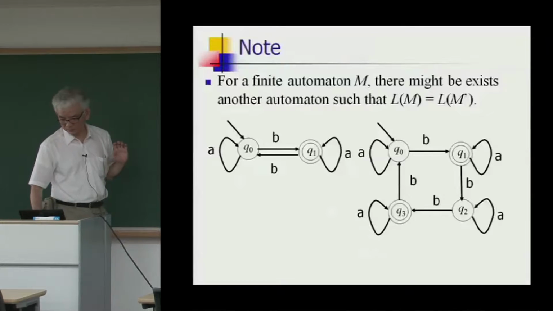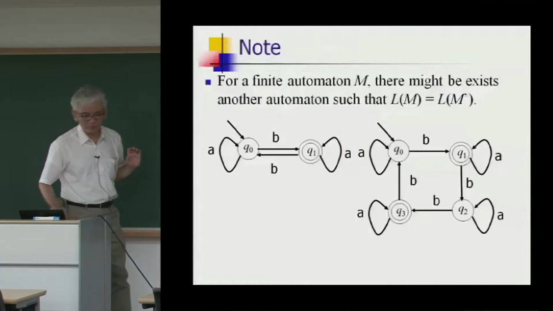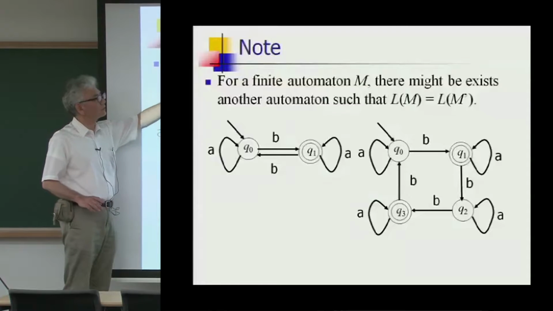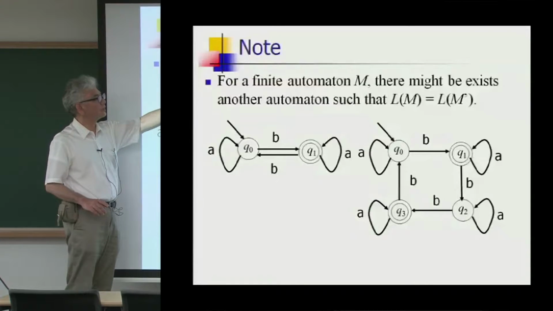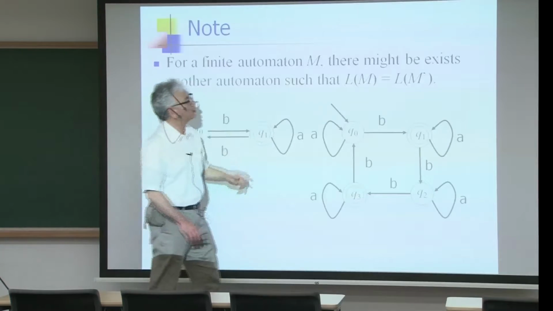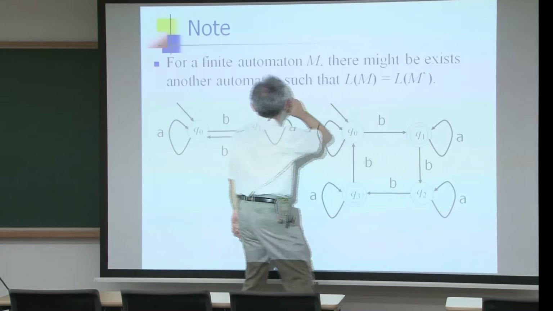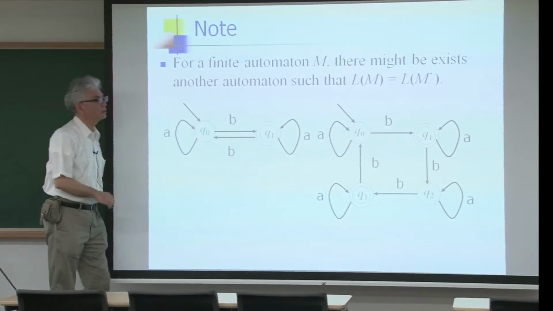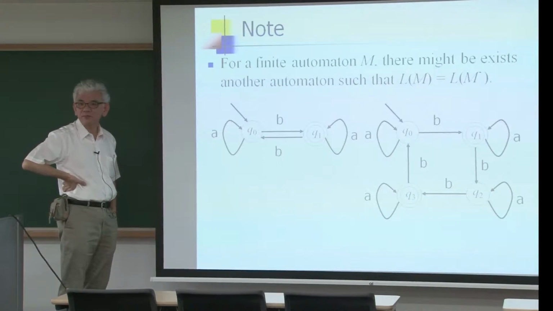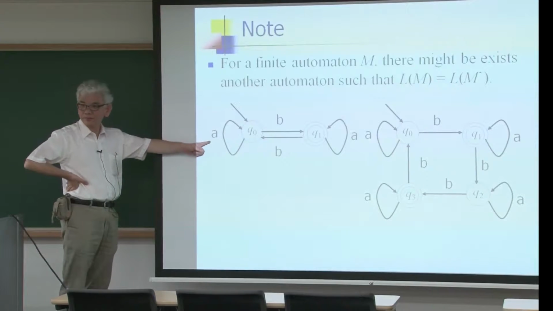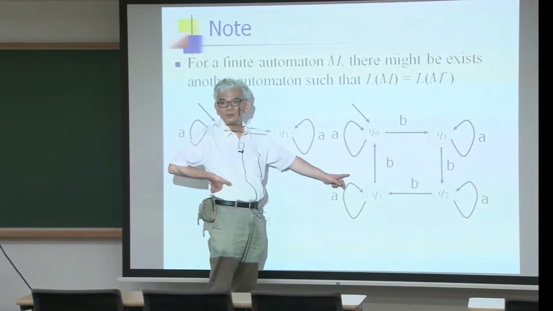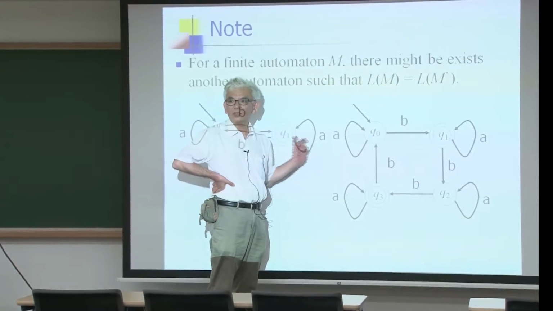And at this moment, please note that for a finite state automaton M, there might be another automaton M prime such that L of M is equal to L of M prime. For example, this automaton also accepts the same language.